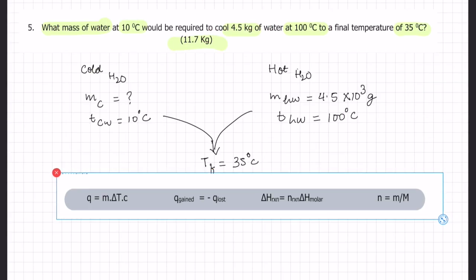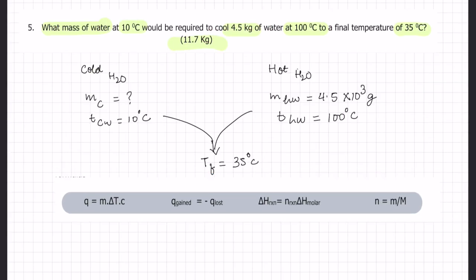So again, let's look at our equations and see how I can solve for this. These are my 4 equations. Let me try to see which one of these I should be using. Right away I see that there is temperature change, there is mass. So this looks like a very good candidate. And it is also obvious to me that someone is gaining energy and someone is losing energy.